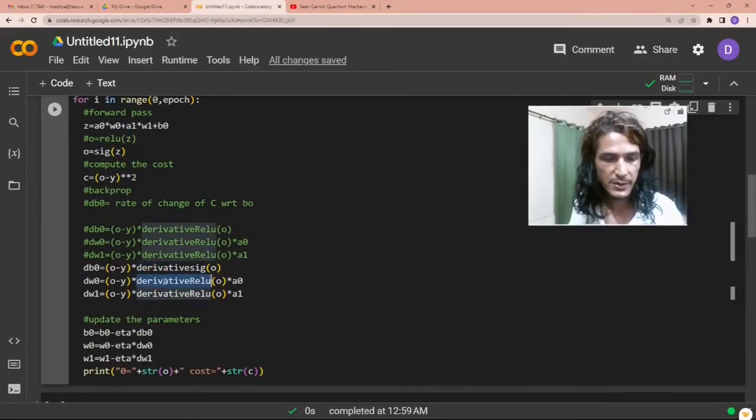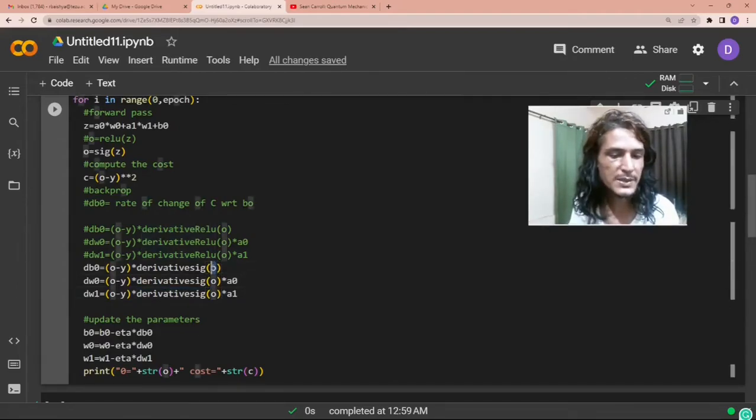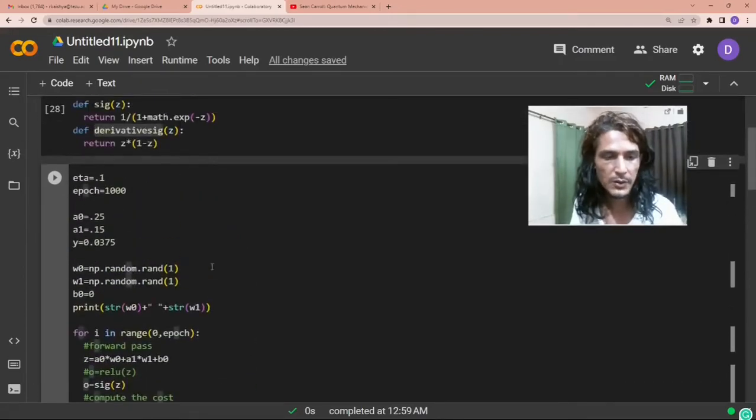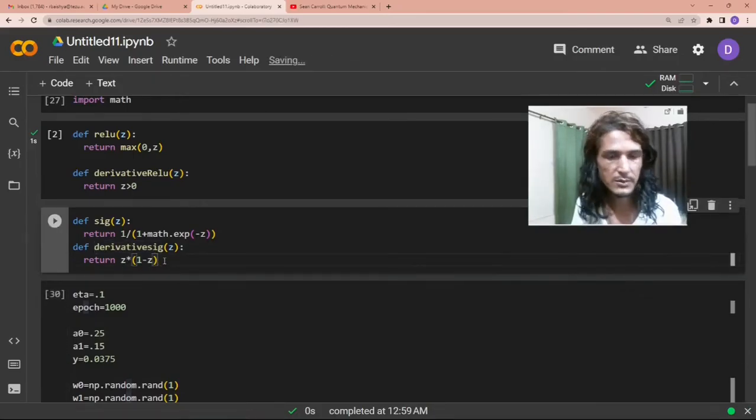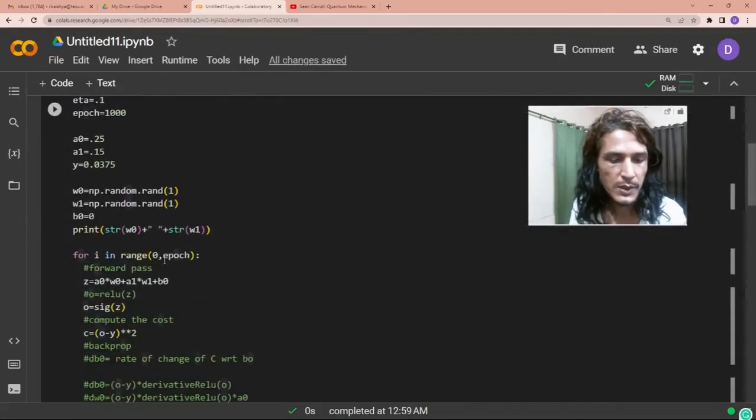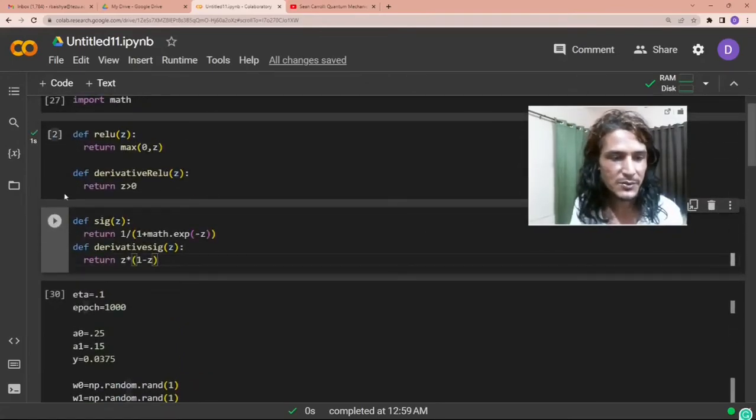We are passing O, we are not passing g, so we don't have to compute sigmoid of g again. Since you're passing O, this z is actually O. It means output into 1 minus output, that is sigmoid into 1 minus sigmoid, right? Okay, great. Then what else is left? Nothing else is left. I just have to run this.